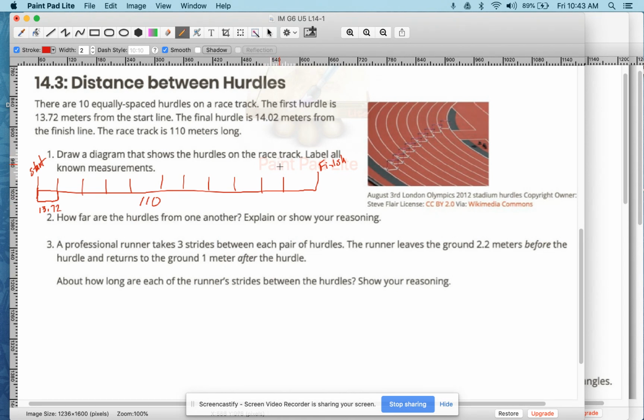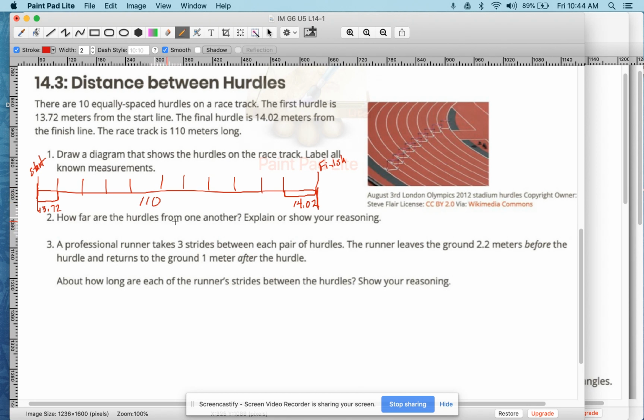And the last meter, or the final hurdle, is from here to here, and it is 14.02 from the finish line. Okay, so the total from here to here is this 110.